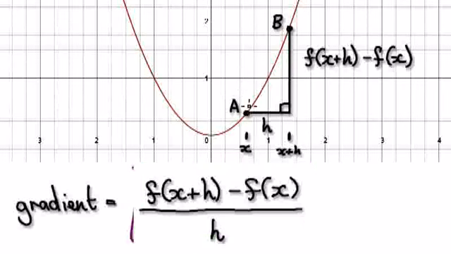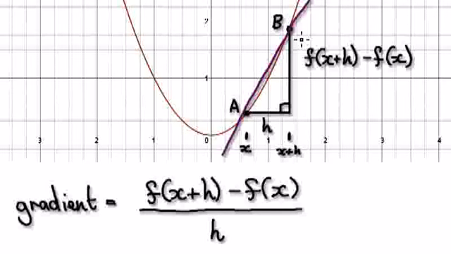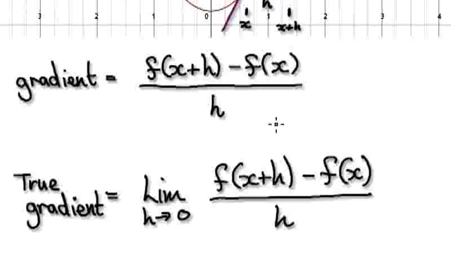But you see, the gradient that exists between A and B is not the true gradient. For you to get the true gradient, you will have to get h to head towards 0. You have to keep on decreasing h.